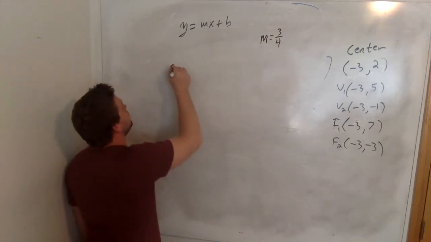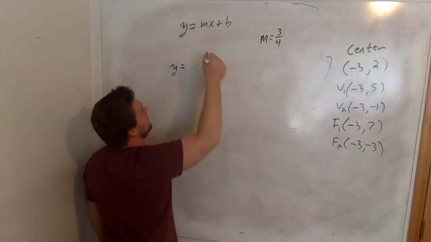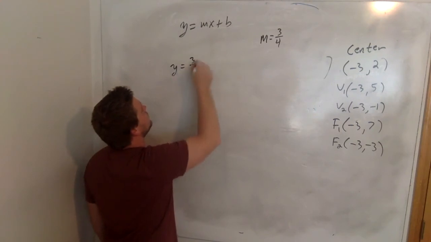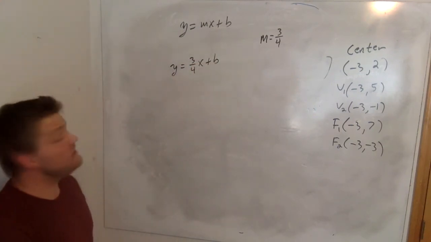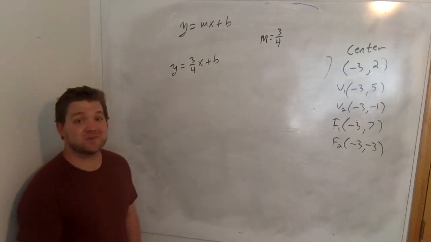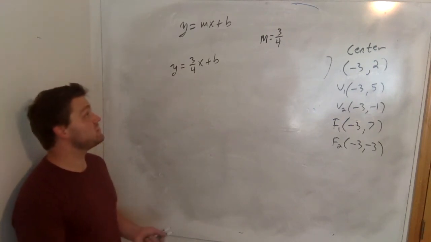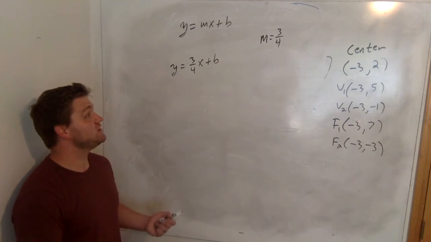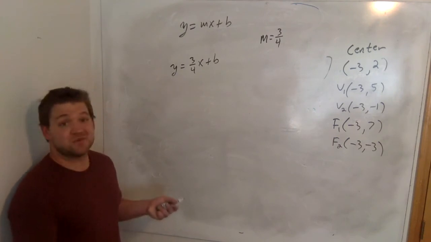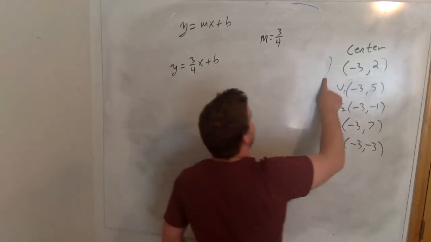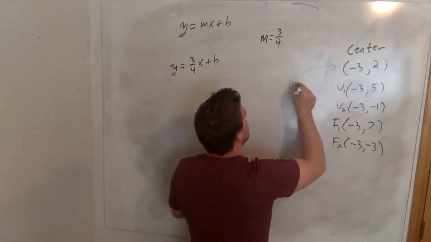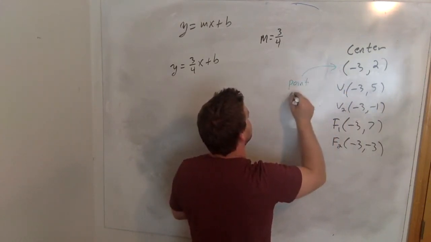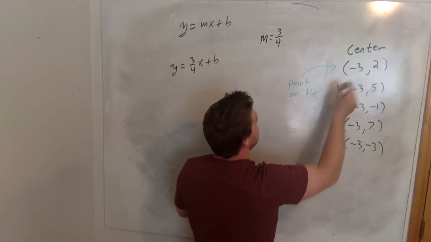So we have y equal to, we'll replace our m with that, 3/4 x plus b. And now we just need to figure out what our b is. So we just need another point on the line. But remember, the center of a hyperbola is a location where the two asymptotes intersect. So we know that the center is a point on the line, or at least this will be a point on the asymptote.